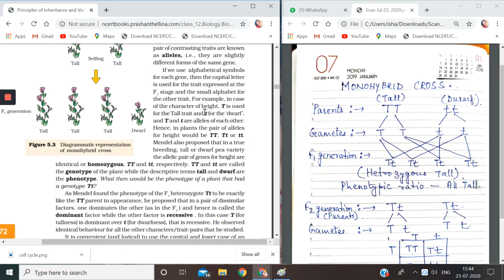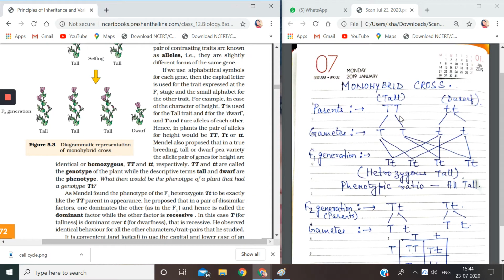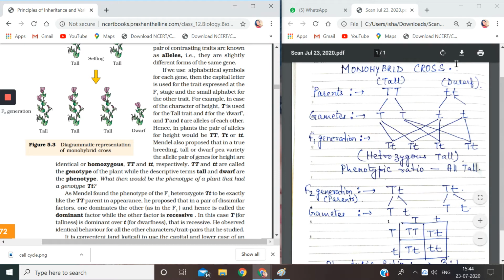For example, in case of the character of height, capital T is used for the tall trait and small t for the dwarf one. Capital T and small t are the alleles of each other. So this is what a monohybrid cross appears to be. See in front of you, monohybrid cross. I have taken parents.